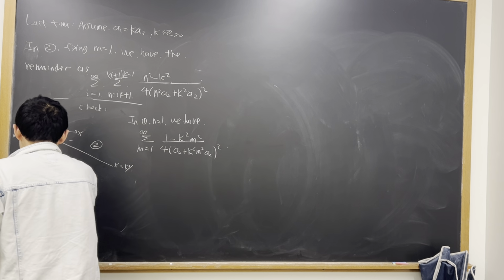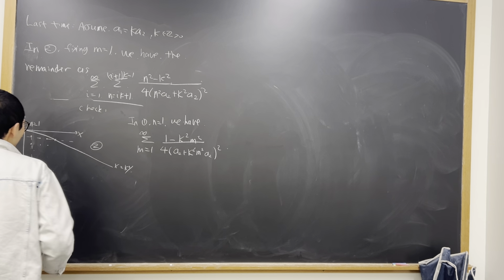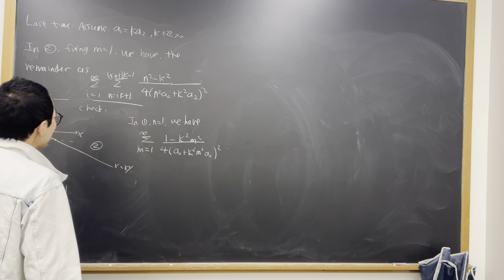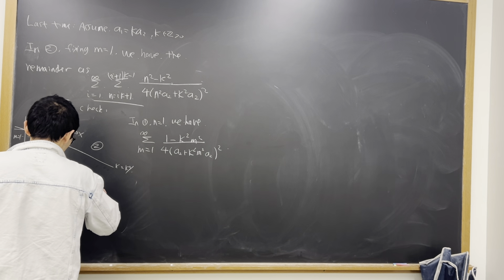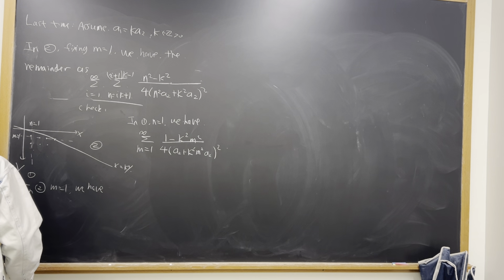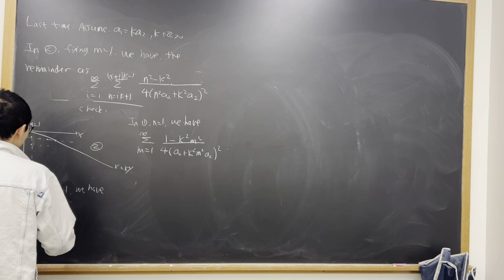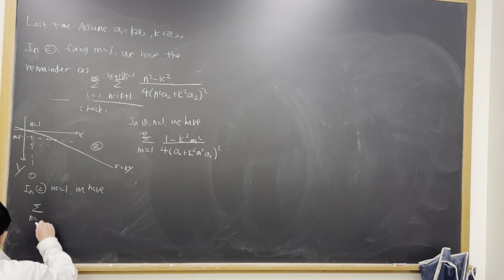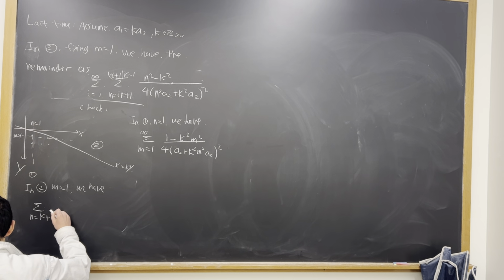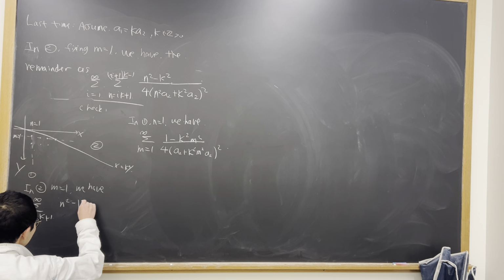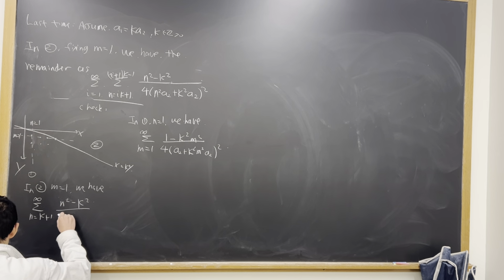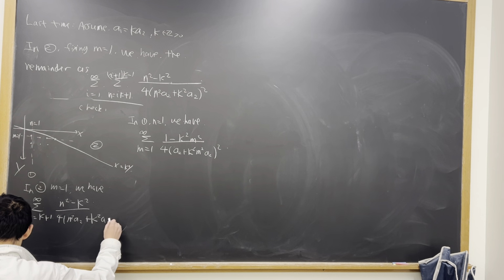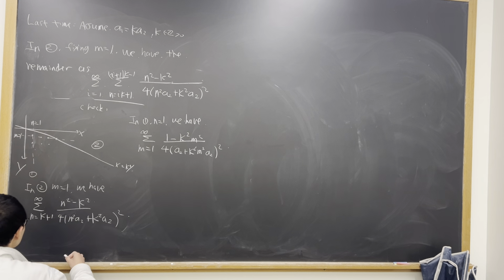And also in 2, so this is just some check. Similarly, when we are fixing m equal to 1, we will get the summation n starting at k plus 1 to infinity of n squared minus k squared over 4 n squared a2 plus k squared a2 squared.